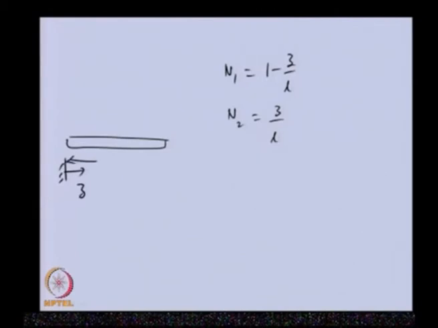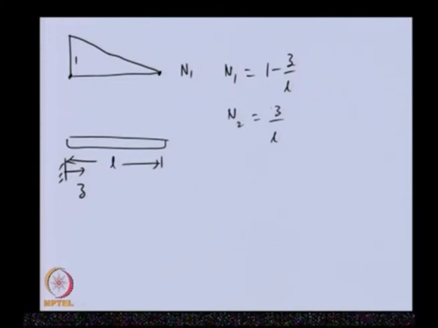We see n1 is 1 minus z by L and n2 is z by L. Consider the element having this axis, total length is L. If you want to plot n1, at z equal to 0, which is this location, the value of n1 is 1, and at z equal to L, this quantity becomes 0, and it is linearly varying in between. So this will vary like this.